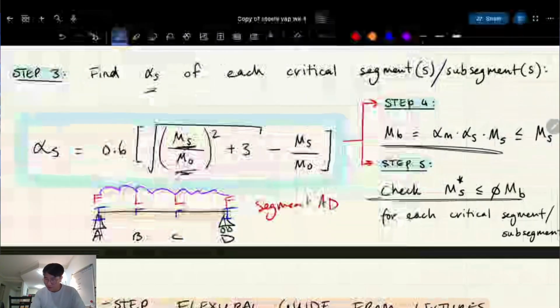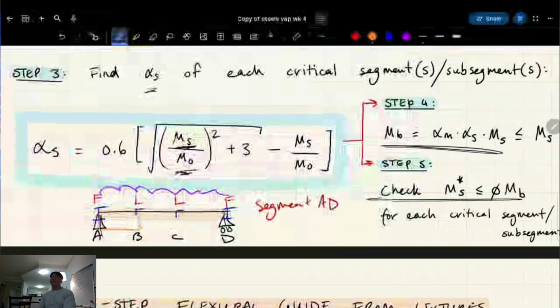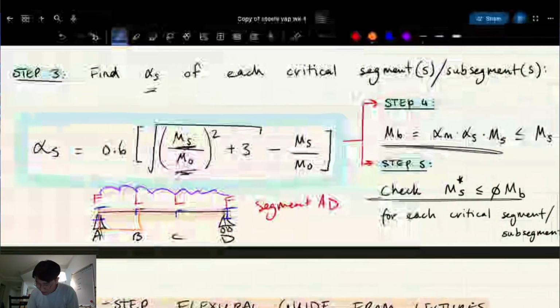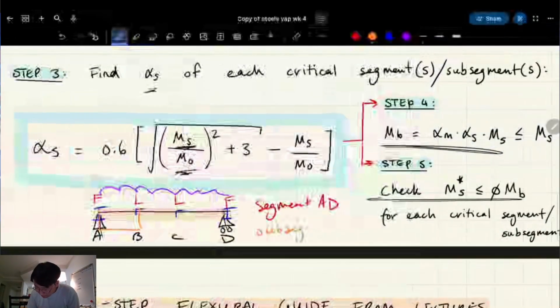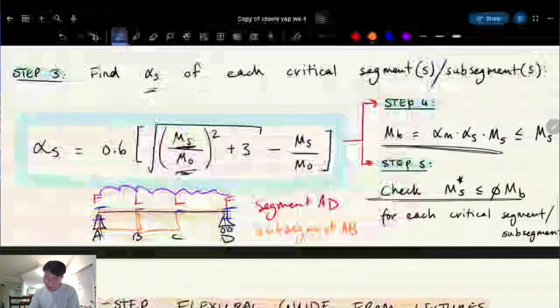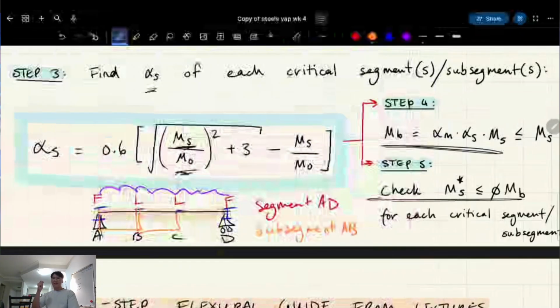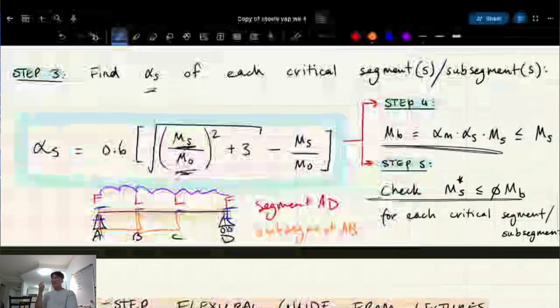Okay, what about A to B? What do we call that? That's a subsegment. AB. B to C is a subsegment, C to D is a subsegment. But let's just say because of symmetry, we don't need to consider C to D. So we have to consider segment AD, subsegment AB, subsegment BC.